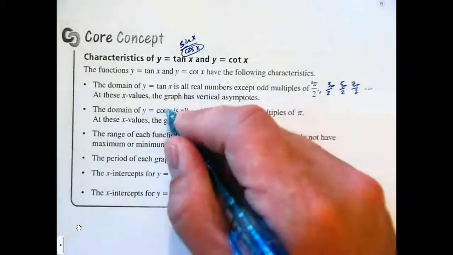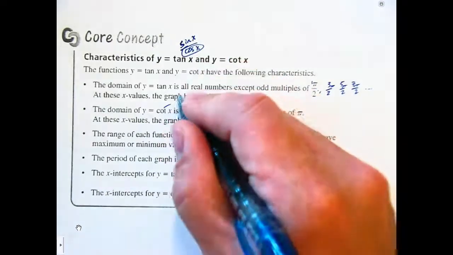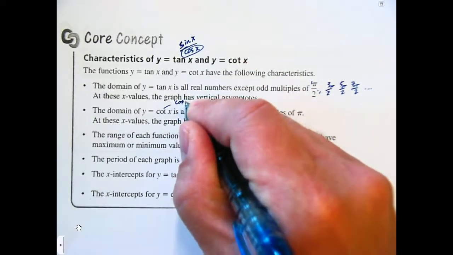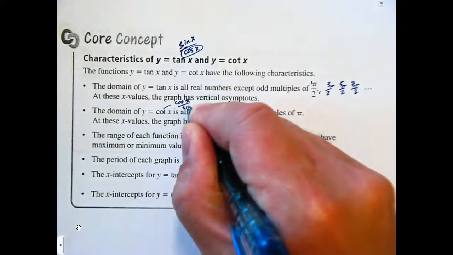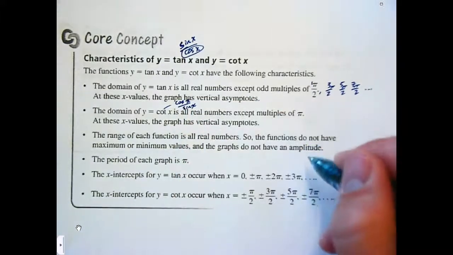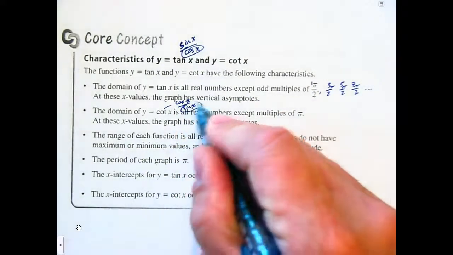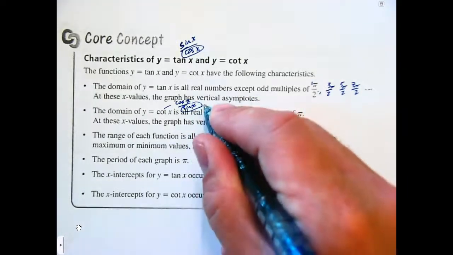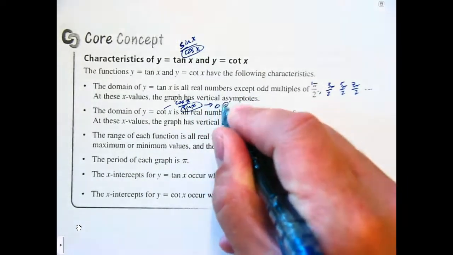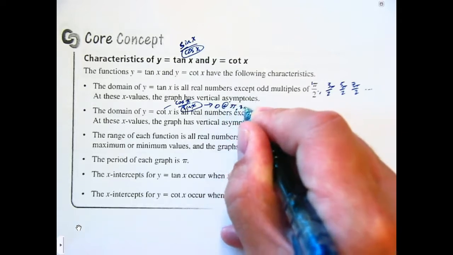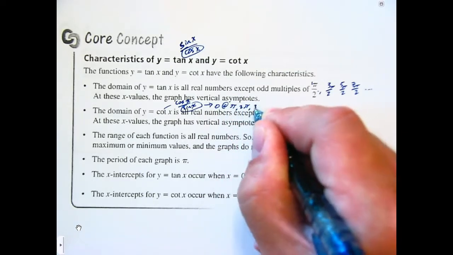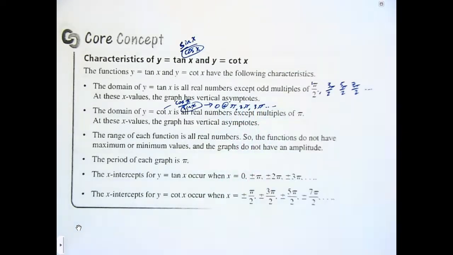Remember, cotangent is the reciprocal of tangent, so it's cosine over sine. Okay, so that is when sine is 0. Sine happens to be 0 at pi, 2 pi, 3 pi, and so on. So that's where it's undefined, so that can't be included in your domain.